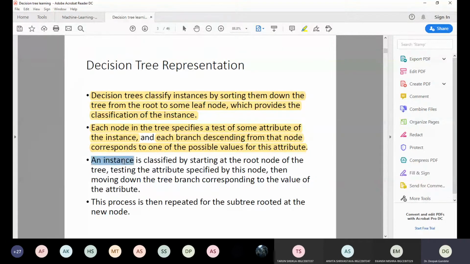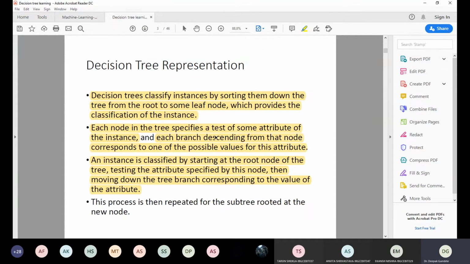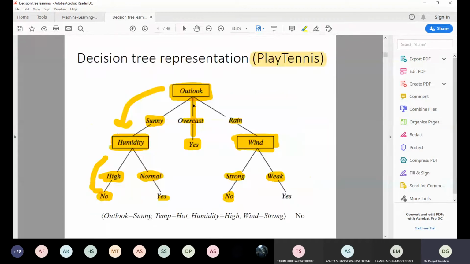An instance is classified by starting at the root node of the tree and testing the attribute specified by this node, then moving down the tree branch corresponding to the value of the attribute. We start from the root node and track down the tree, so that each value of the attribute is compared. If the outlook is overcast, then definitely the tennis game will happen. This is just one part of the tree. Similarly, we track down the tree from the root node.